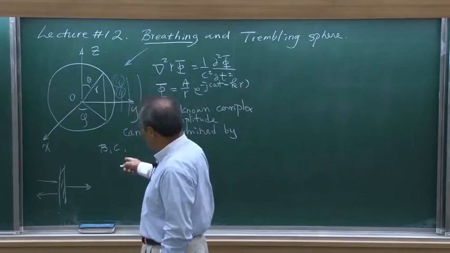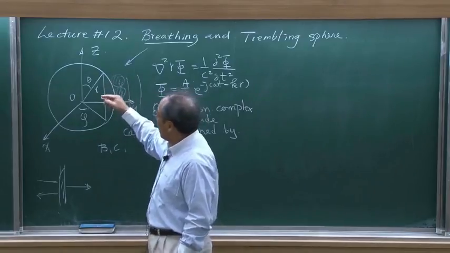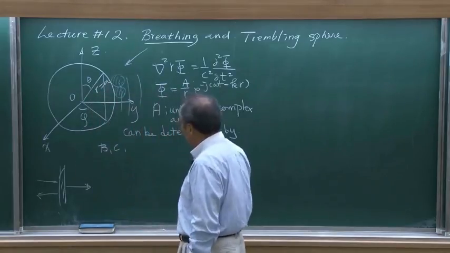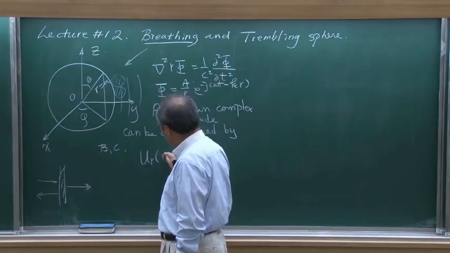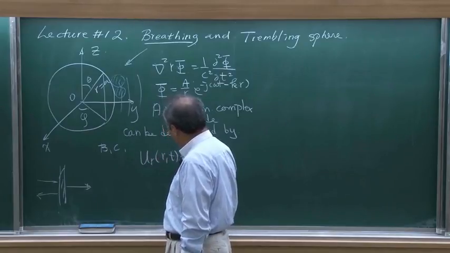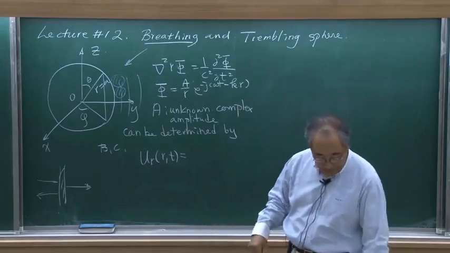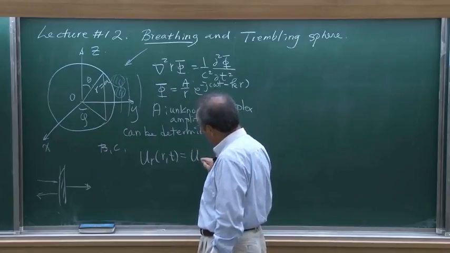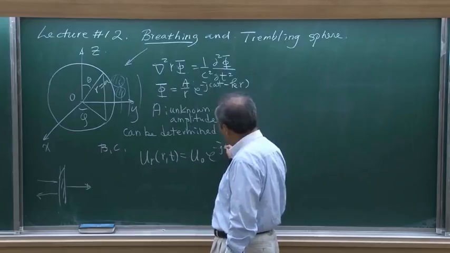So let's write the boundary condition at the surface when r equals a. This is r equals a. So the velocity in the r direction, which depends on r and t, has to be some magnitude u0 and exponential minus j omega t.